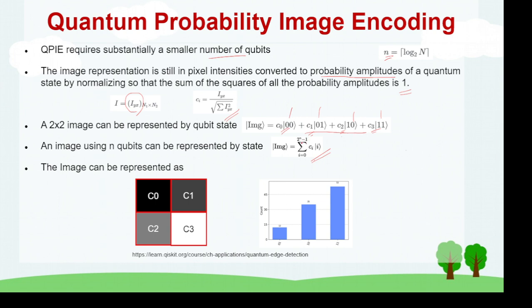We know there will be 2 to the n states, and each state will have an associated amplitude. If we take our standard image with 4 pixels, this one is 0, so you don't see anything, mainly because it has 0 amplitude, whereas this one has less amplitude. It increases slightly for C2, and C3 has the maximum amplitude.